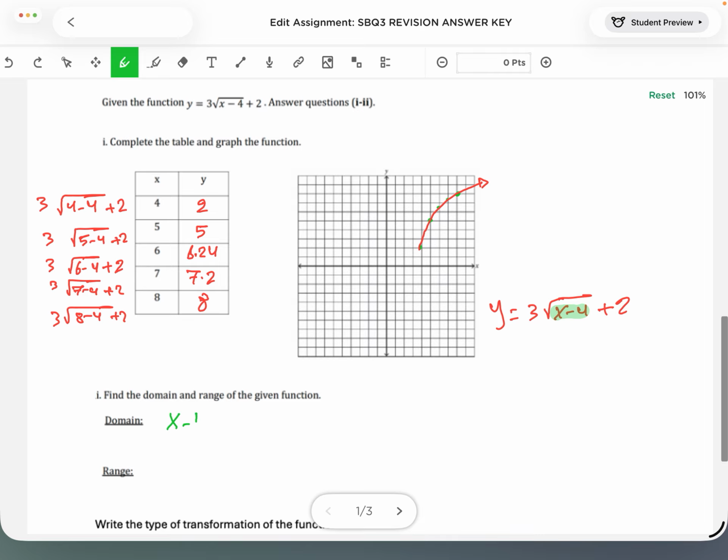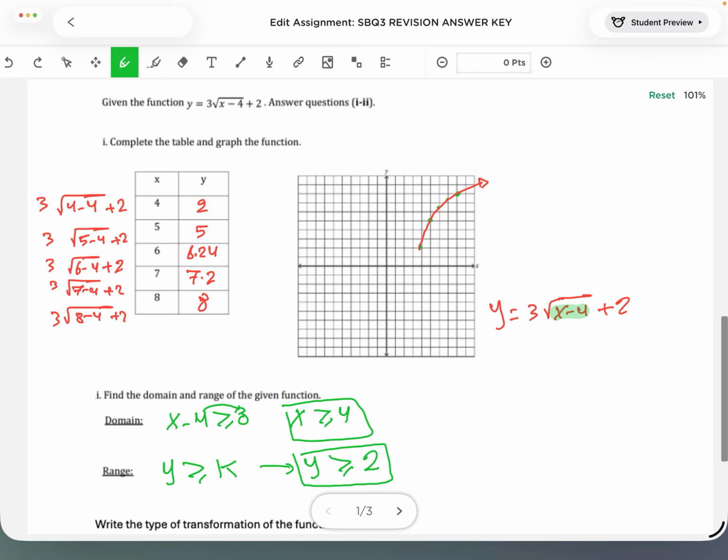X minus 4 is greater than or equal to 0. Move 4 to the other side. So x is greater than or equal to 4. Done. The range lower bound is the value of k. Y greater than or equal to k. That means y is greater than or equal to 2. So we are done regarding the domain and the range.